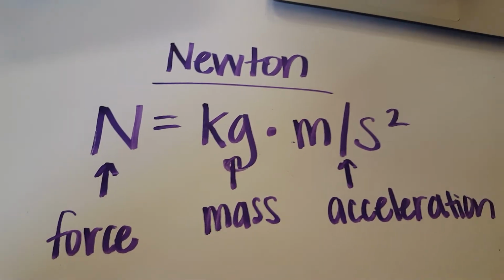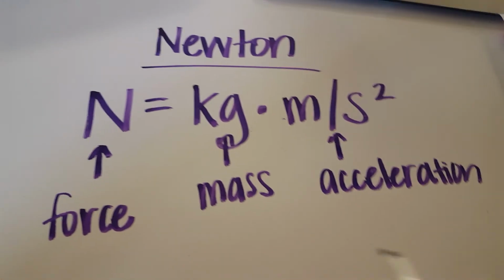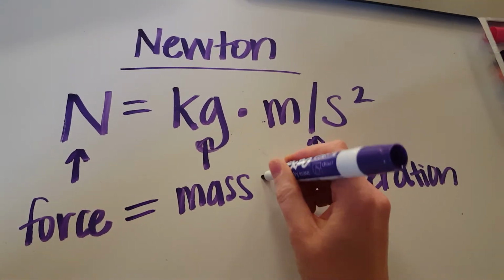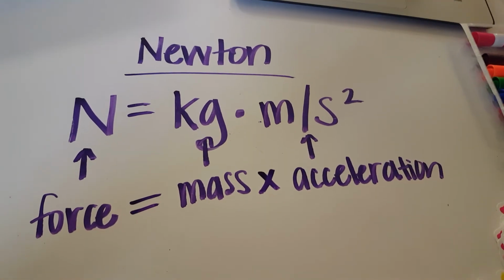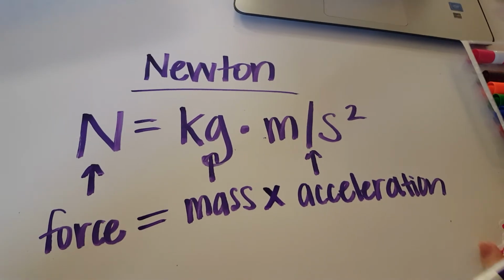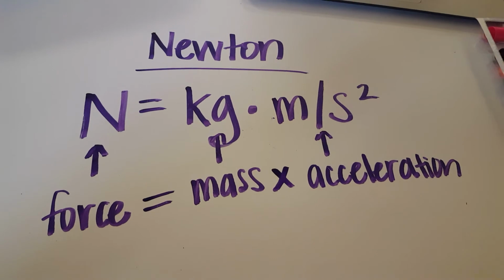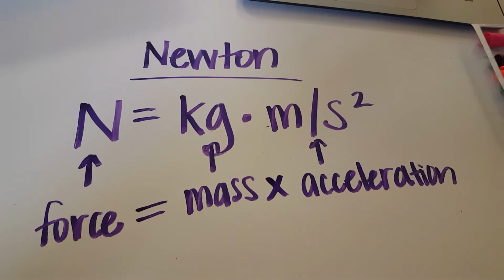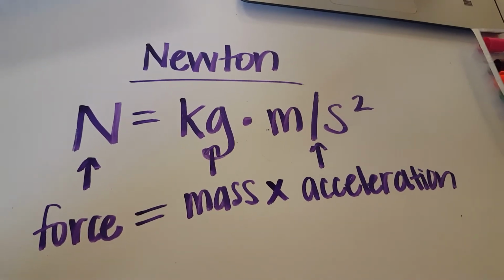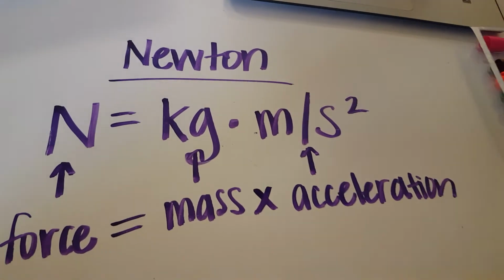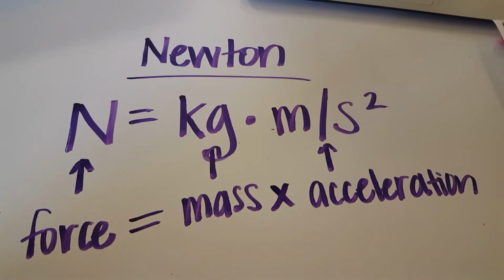And what's really cool about this is if you take a look at the breakdown, force equals mass times acceleration. Spoiler alert, that is really Newton's second law, the relationship between force, mass, and acceleration. So the newton, while representing how much push or pull you are applying to that interaction of objects, also has to do with the mass of the object and the acceleration of the object.